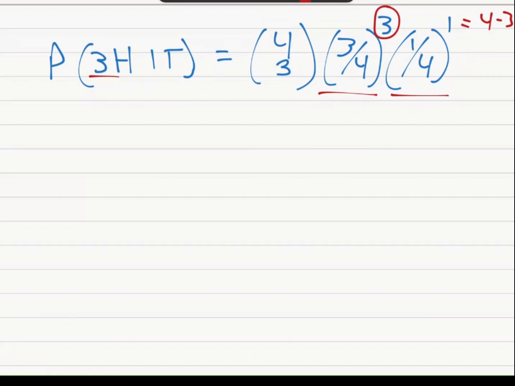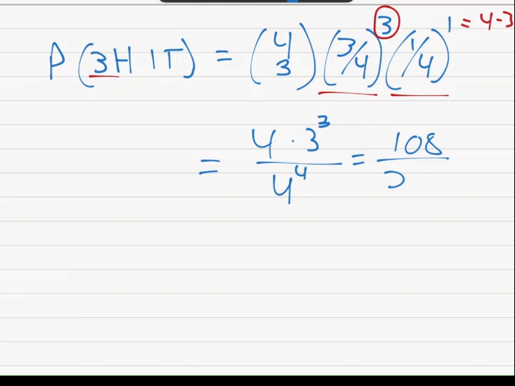By the way, if we want to evaluate this, this is 4 from the 4 choose 3 times 3 cubed over 4 to the 4th. So this ends up being 108 over 256.